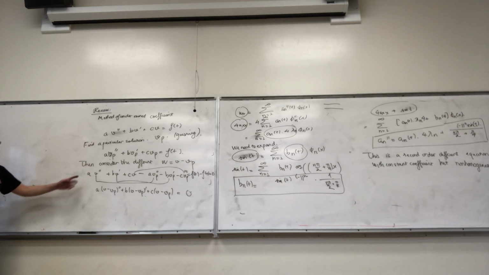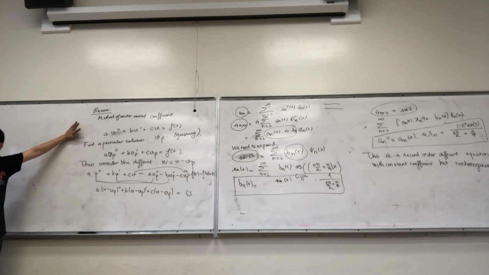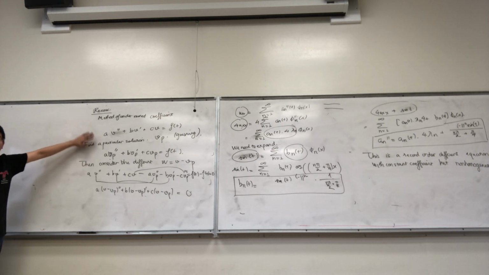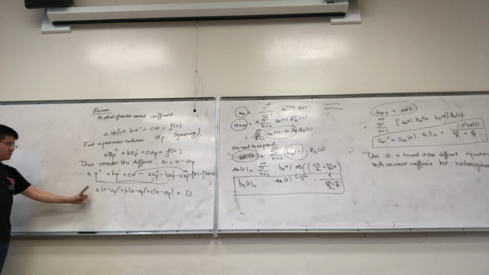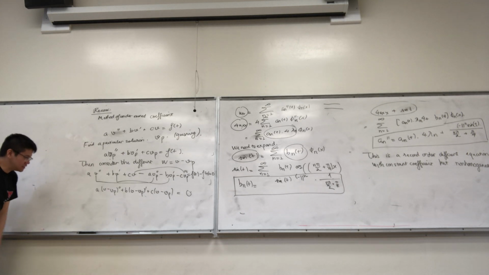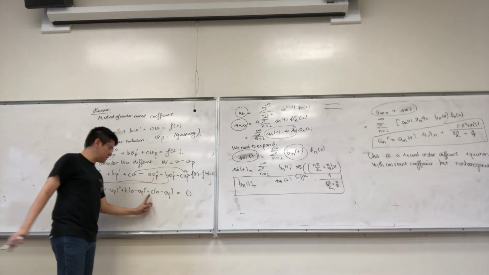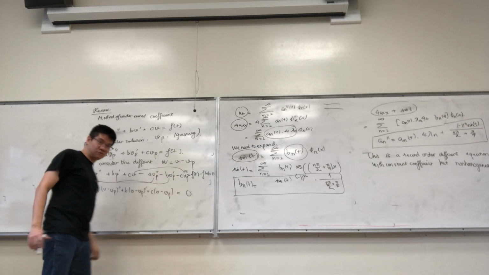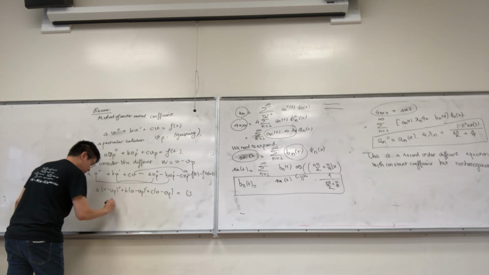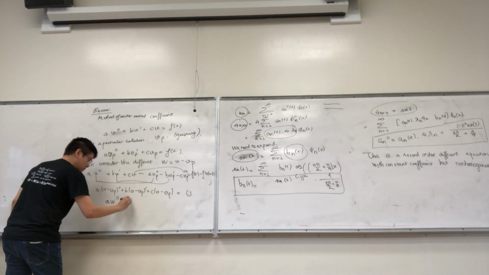All right? So if you want to solve an equation which is inhomogeneous, what you have to do is find a particular solution that solves this equation, and you subtract the two. The difference will be A (V minus VP) double prime plus B (V minus VP) prime plus C (V minus VP) is 0. So this gives you A W double prime plus B W prime plus C W equal to 0.